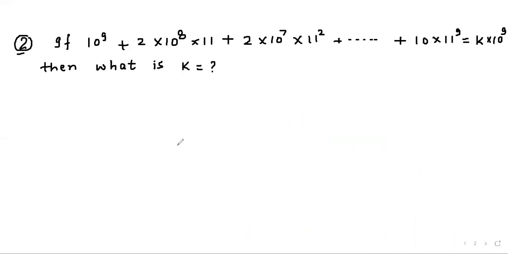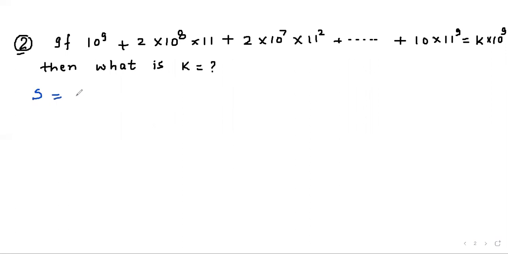Now let's consider the next question. If 10 power 9 plus 2 into 10 power 8 into 11 plus 2 into 10 power 7 into 11 square plus dot dot plus 10 into 11 power 9 equals k times 10 power 9, then we have to determine what k is. So let's consider the solution.